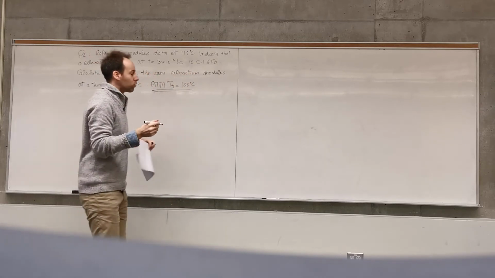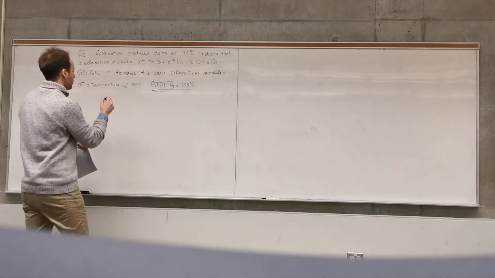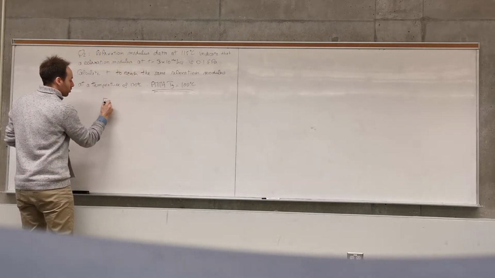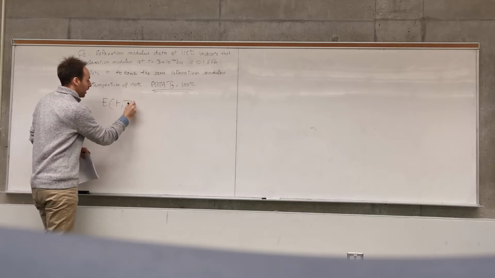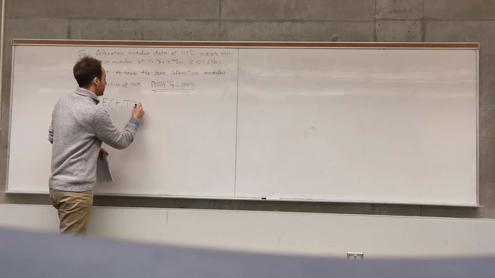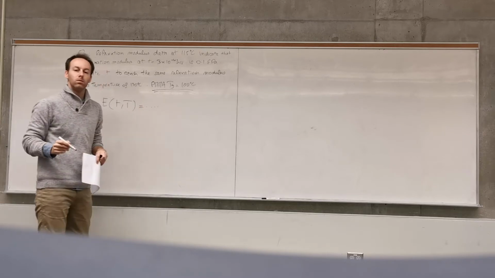Okay? So if you want to rewrite it in other terms, you could just say that generally the modulus of a material at a time and a temperature is equal to a certain value.